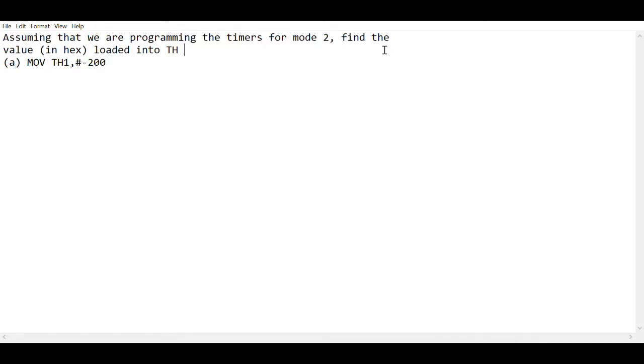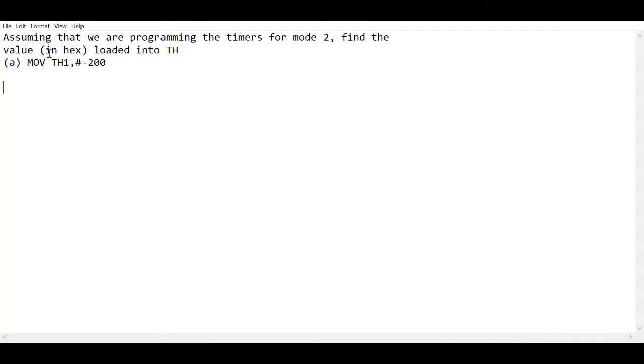I have a question. Assuming that we are programming the timers for mode 2, find the value in X to load into TH, if the instruction is MOV TH1, #-200. Okay, so minus 200, it is a negative value. So let's see how this is done.